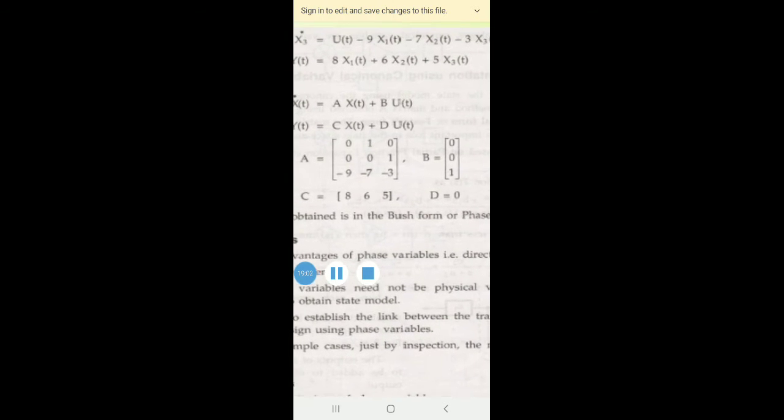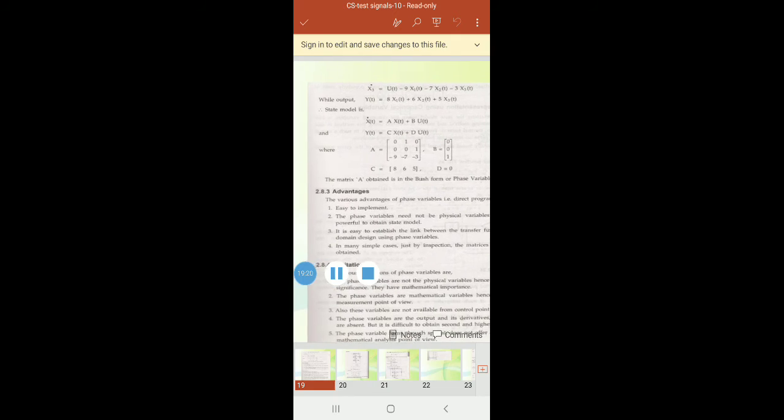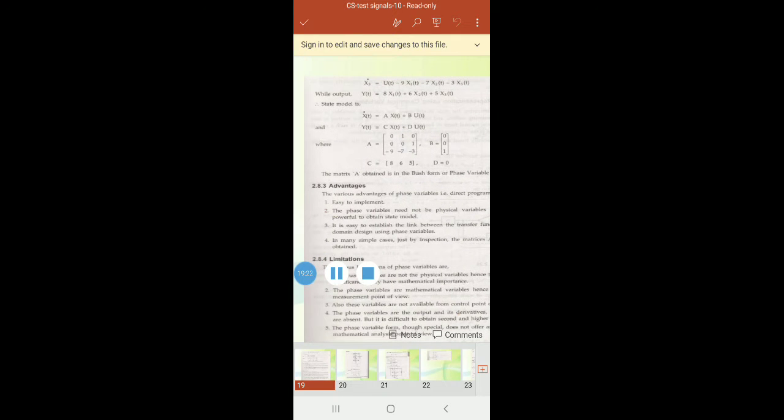So A we can write as 0, 1, 0; 0, 0, 1. Then for the last row you have to see this equation and write: minus 9, minus 7, minus 3. That is the A matrix. B will be 0, 0, 1.